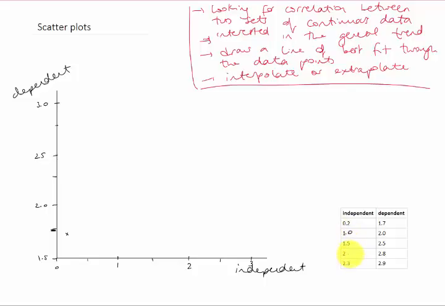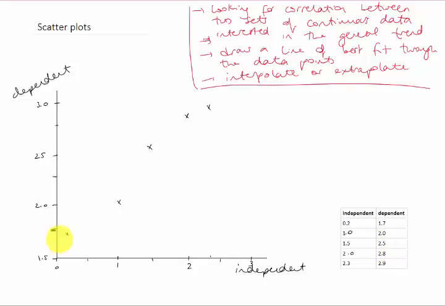Okay, so that is there, 1.5, 2.0, no sorry, 2.5, 2.0 gives us 2.8, which is about here, and then 2.3 on the independent gives us 2.9, just a little bit higher. Okay, so there's all our different data points plotted, a bit wonkily, but never mind.